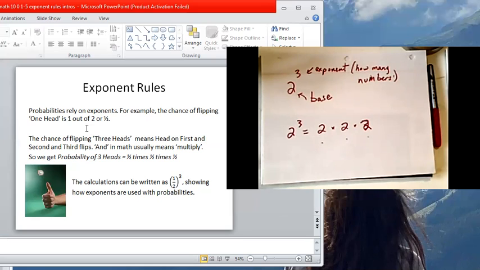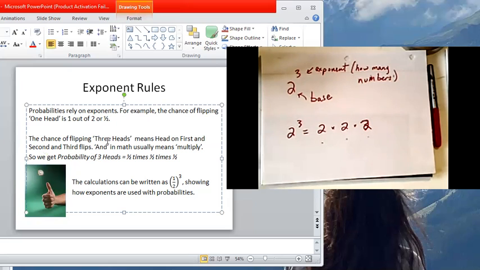Okay, so check this out. I think we could all agree that if we're flipping a coin, like in the picture, then the chance of getting a head showing is 1 out of 2. In other words, a half. Well, if we had to figure out the chance of getting 3 heads showing, it means we get a head on the first flip and the second and the third.